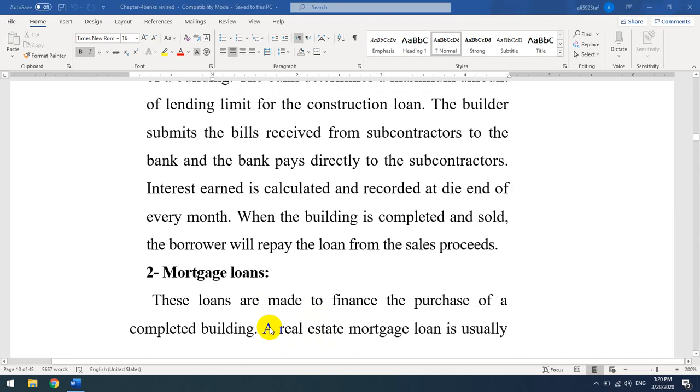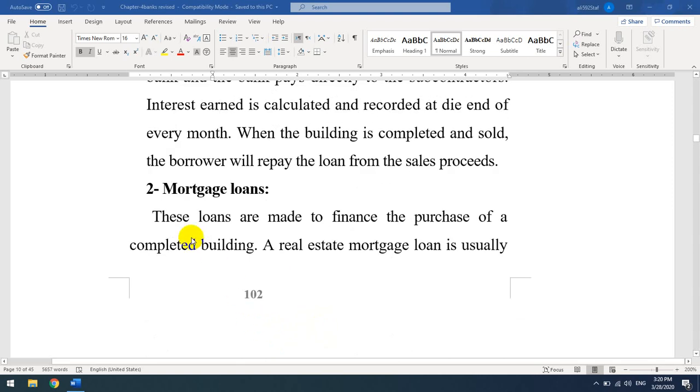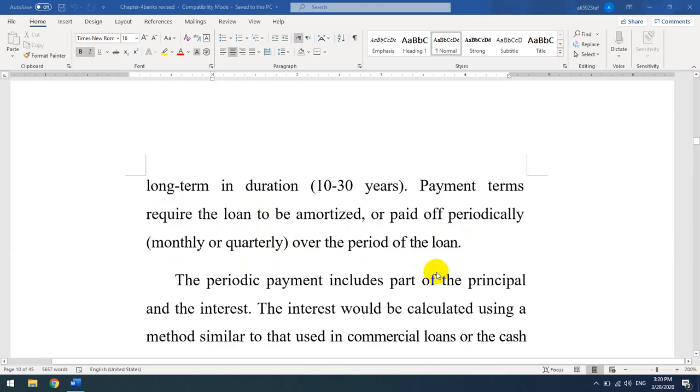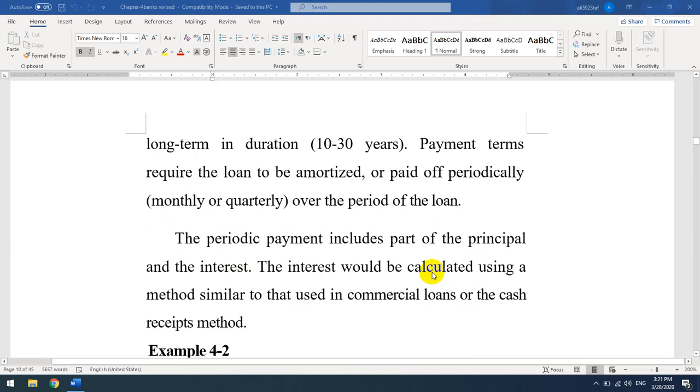The second type of real estate loans is the mortgage loans. These loans are made to finance the purchase of a completed building. This is the difference. So, a real estate mortgage loan is usually long term in duration, 10 to 30 years. Payment terms require the loan to be amortized or paid off periodically.